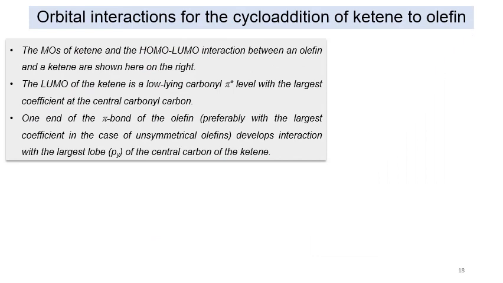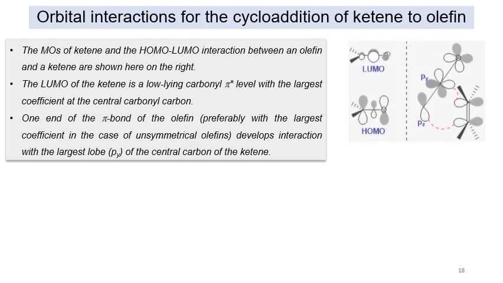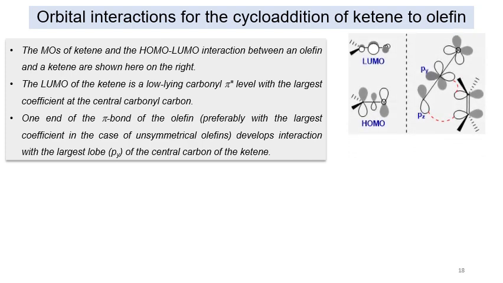Now the molecular orbitals of the ketene, and the HOMO-LUMO interaction between an olefin and the ketene, are shown here. As you can see, if one has to find out the energy levels and the coefficients of orbitals for the HOMO, the coefficients are higher at the ends, whereas the coefficient is largest at the central carbon in the LUMO of the ketene.